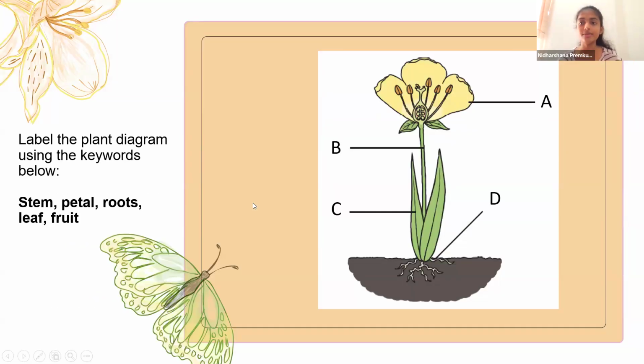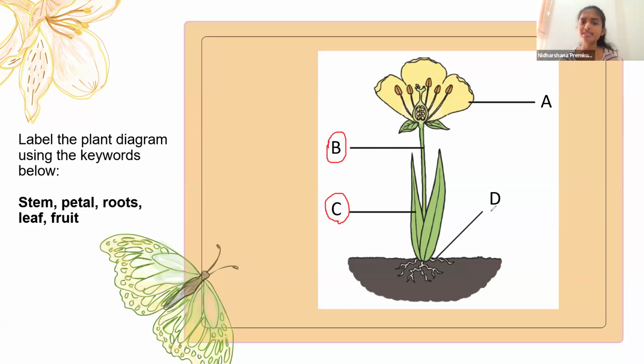You can see it's the petal of the flower. Then B is labeled the stem. Even when we draw a flower, what we mostly do is draw a stem, draw the flower, and draw leaves. So C, you can see it's the leaf of the flower.